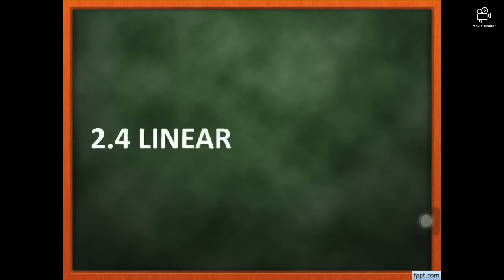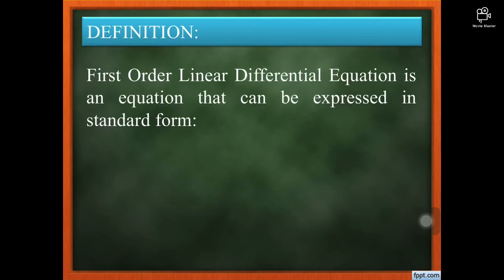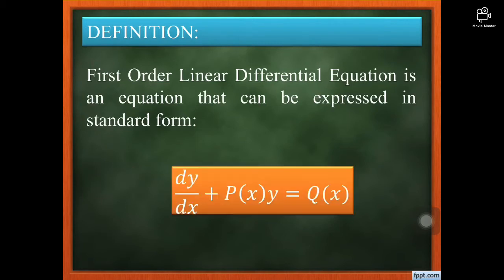So, defining the linear, the first order linear differential equation is an equation that can be expressed in standard form. If we can express the given differential equation into this form, we can say that it is a first order linear differential equation.